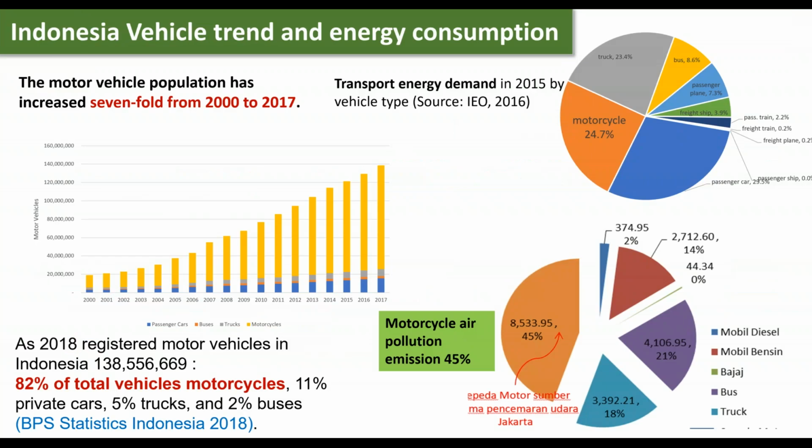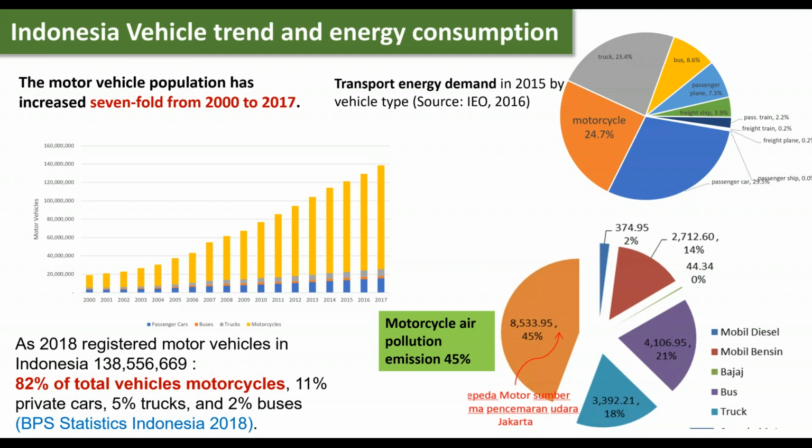support. These are the characteristics of our transportation. You can have a look here at the growth of our vehicles. It is a very high growth year by year. And you see the motorcycles.